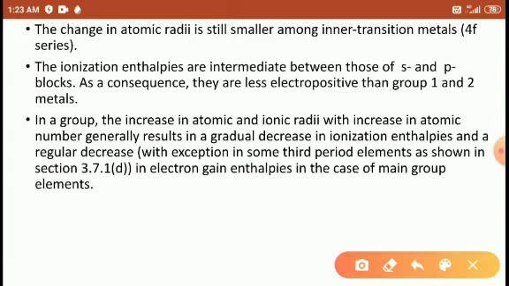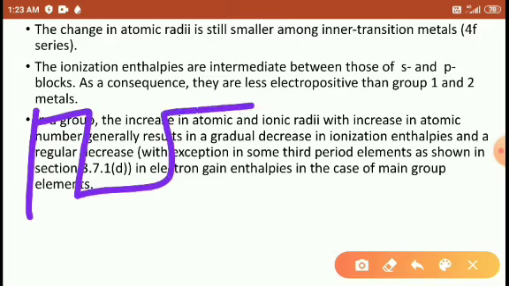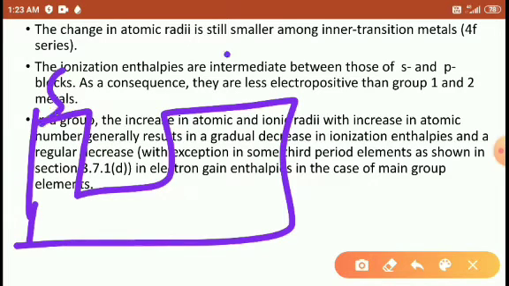Ionization enthalpy is intermediate between the s and p block. This is the s block, this is the p block, and intermediate is the d block.